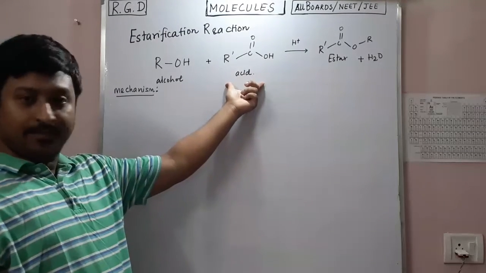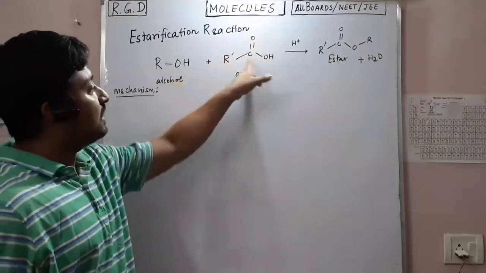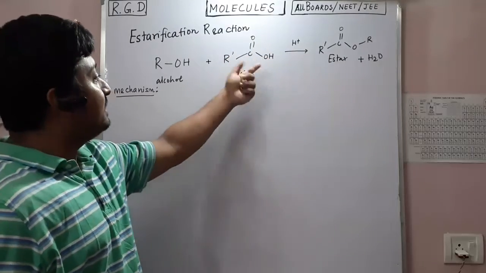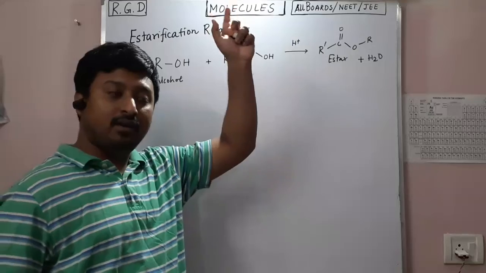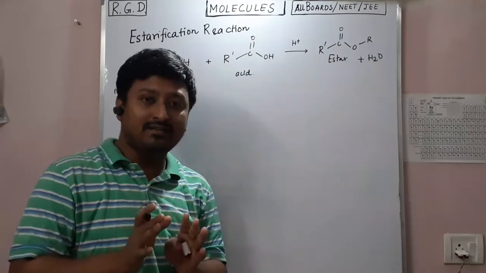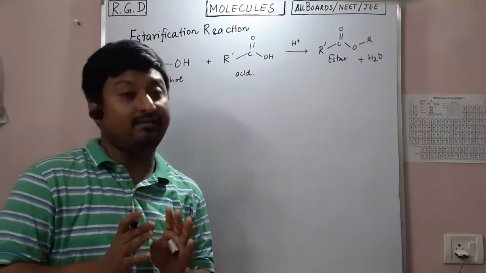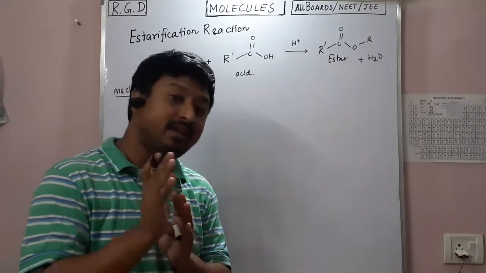This is the acid, and this is the carboxylic group. Now we go back to the acid-base chapter. If you have two acids in a medium, the stronger one will behave as an acid, and the weaker one will behave as a base.